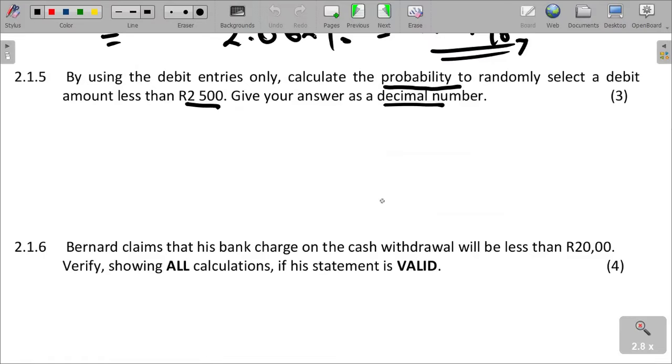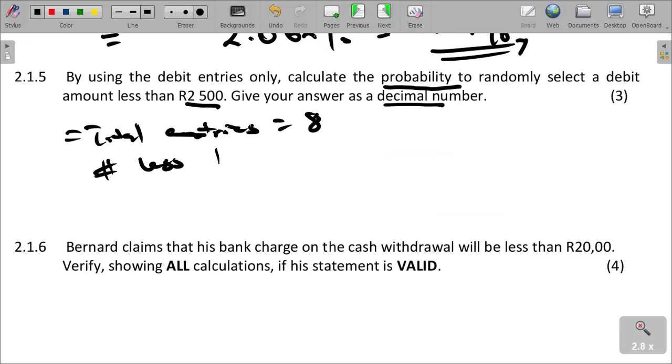So we are saying total entries is 8, and the number less than 2.5 is equal to 4.